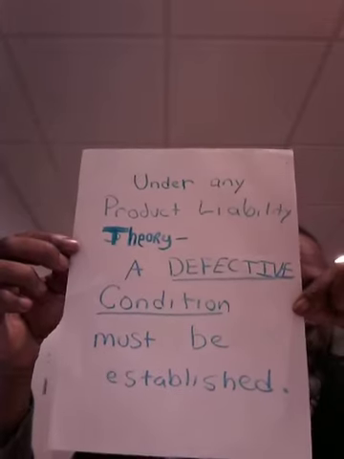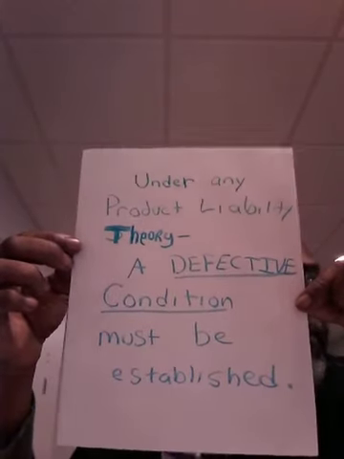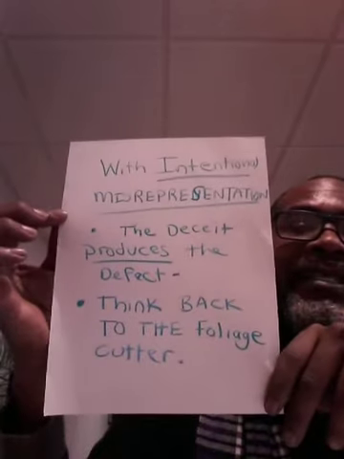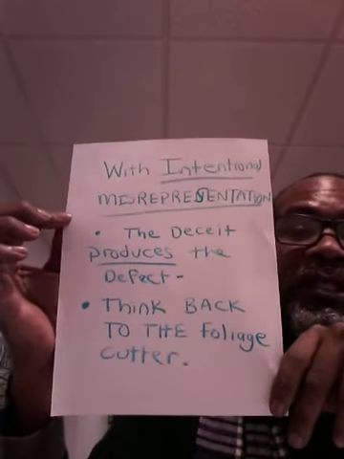In strict liability, for example, you don't have to prove how the product became defective, but there's always an element of having to establish that there is a defect, because it's product liability. What are we holding them accountable for? For producing a defective product. So with intentional misrepresentation, this deceit produces the defect.